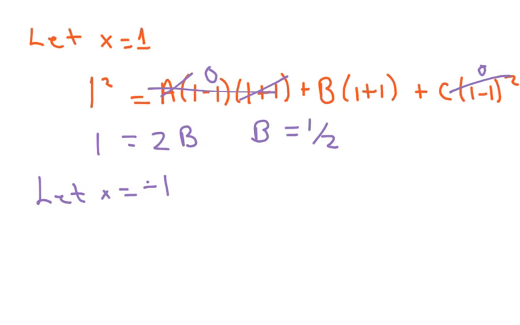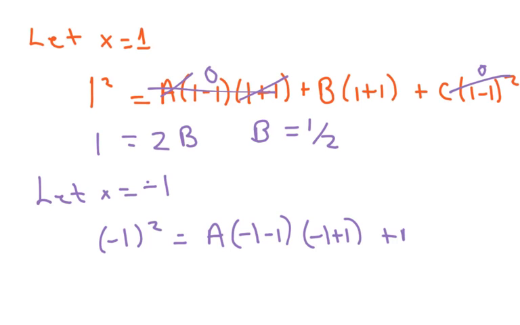If we let x be negative 1, we're going to get 1 again. Negative 1 squared equals a times negative 1 minus 1 times negative 1 plus 1, plus b times negative 1 plus 1, plus c times negative 1 minus 1.